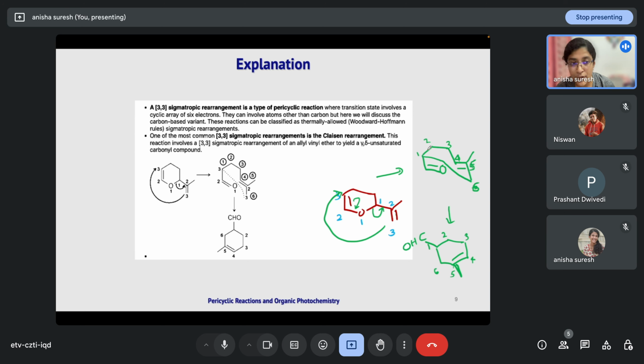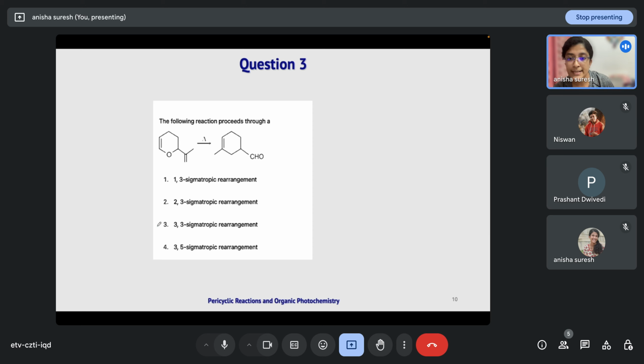If we count the number of carbons, the newly formed ring is a 6 membered ring. If we number it and redraw it, then this will be the final structure. Okay, ma'am. So this is an example of 3,3 sigmatropic rearrangement.